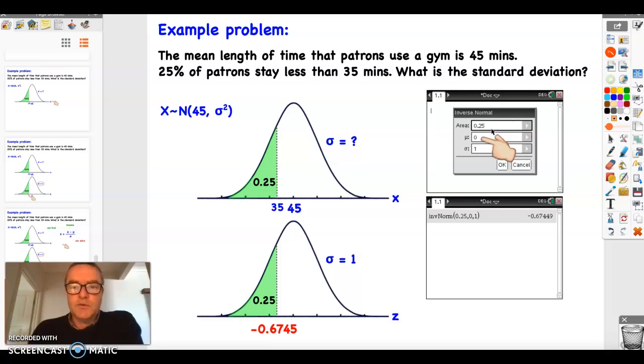Because it's the standard normal distribution, its mean is 0, its standard deviation is 1. Now you can see why the calculator has these already put in as default values. When we click OK, we get the output, which I've rounded off to 4 decimal places. So z is equal to negative 0.6745.